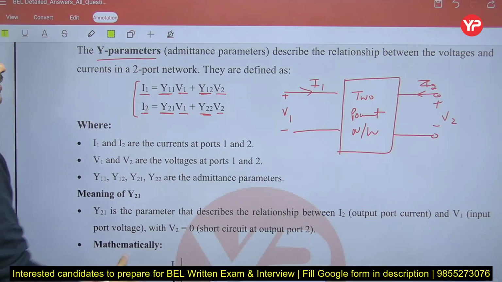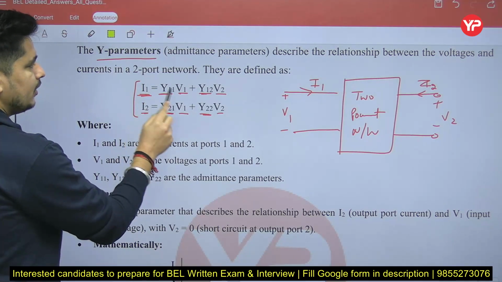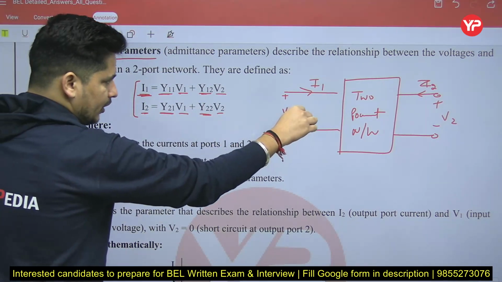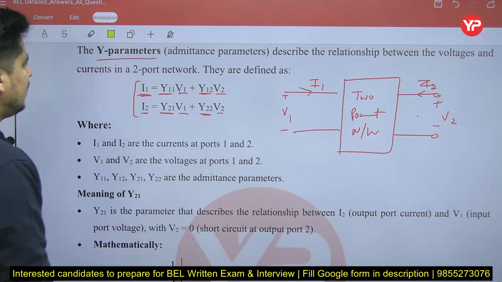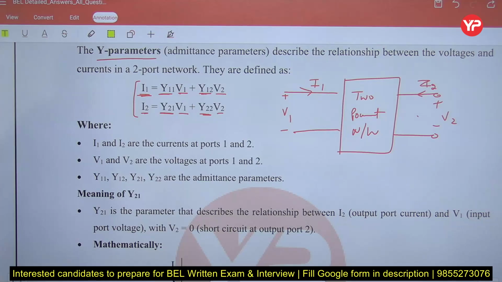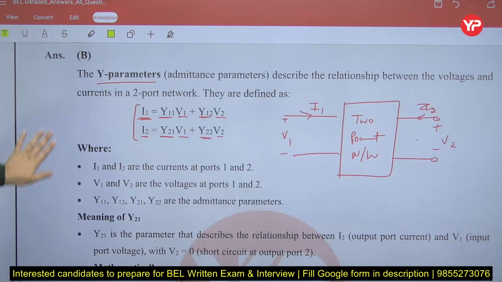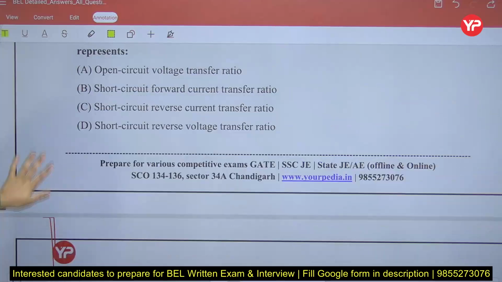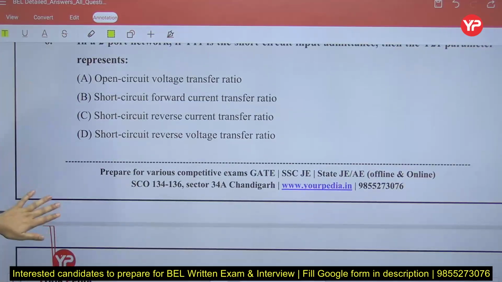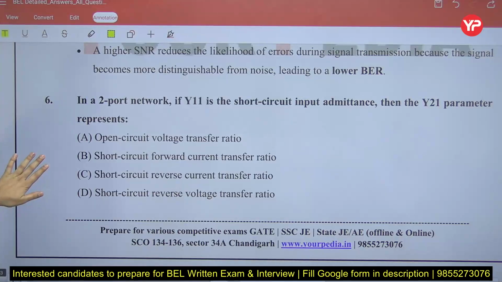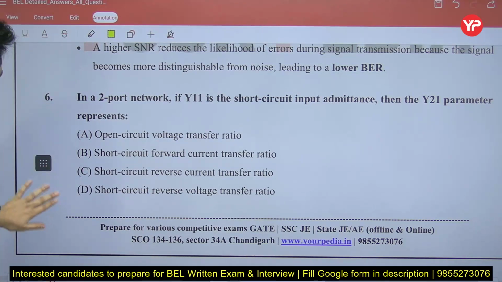So basically this equation is for I1 and V1, the voltage for input port 1, and port 2 has voltage V2 and current I2. He is saying that Y11 is the short-circuited input admittance. Then he is asking for Y21.